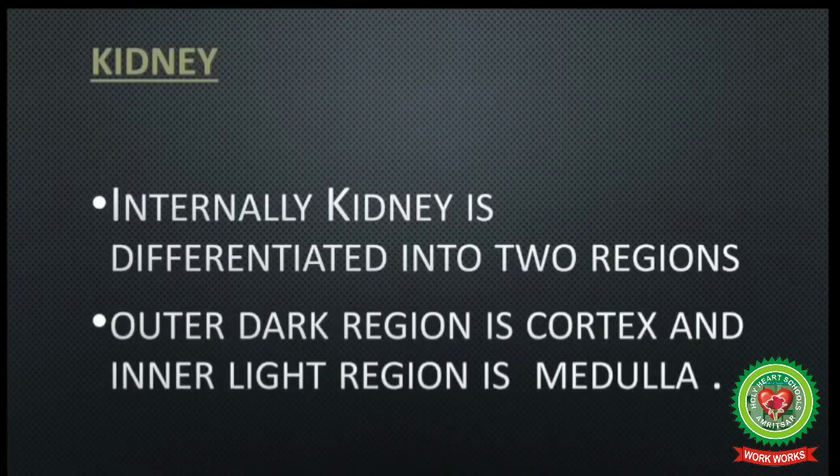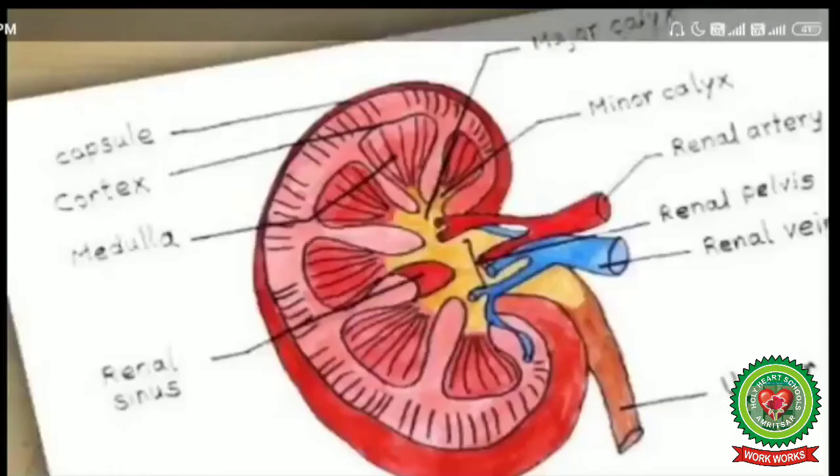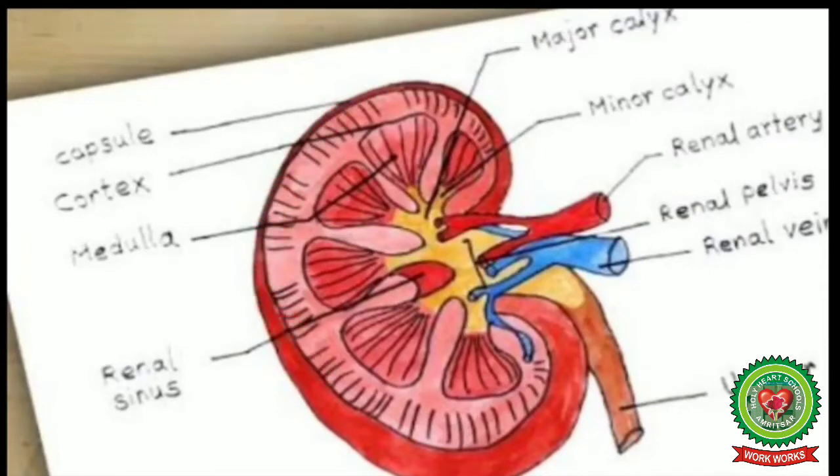Internally, kidney is differentiated into two regions. The outer dark region is called cortex and inner light region is called medulla. Cortex is dotted in appearance.